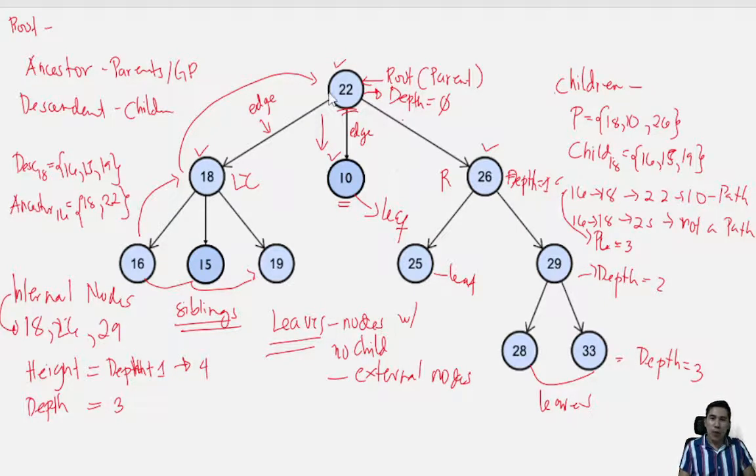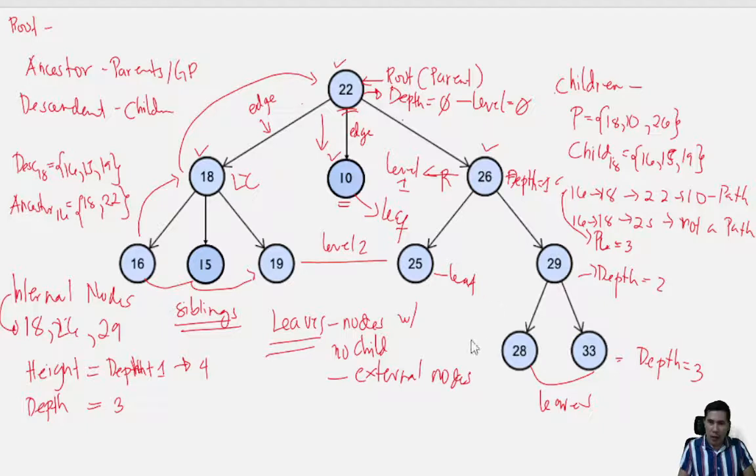Sometimes the level also starts at 0. So we have level 0, level 1, level 2, level 3. This is the first level, level 0. This is level 1, and then these are level 2.